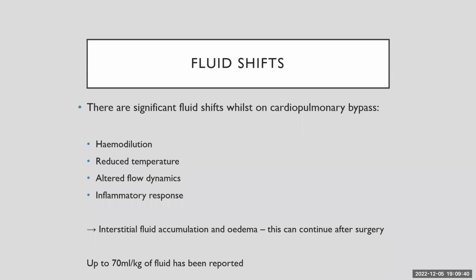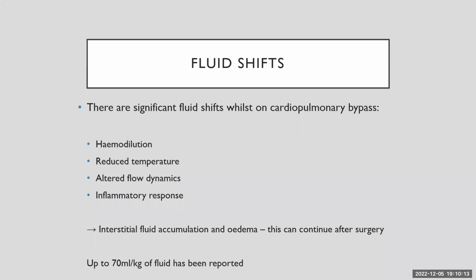And what I've shown on the slide is that this is affected by several parameters. Hemodilution I've discussed, the flow dynamics of going from a pulsatile circuit to a semi-pulsatile or non-pulsatile cardiopulmonary bypass circuit, and the inflammatory response that's activated upon interaction between the blood components and the non-self PVC surface of the cardiopulmonary bypass circuit.